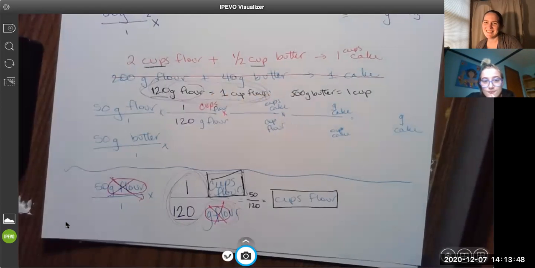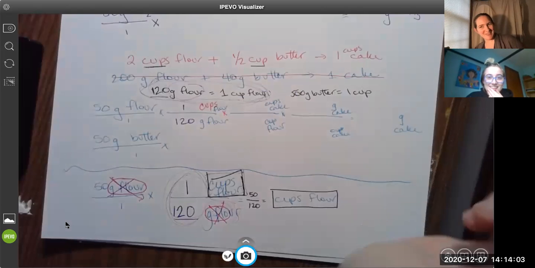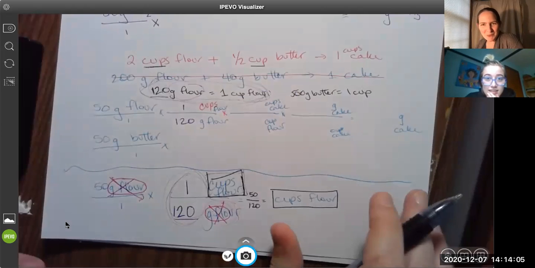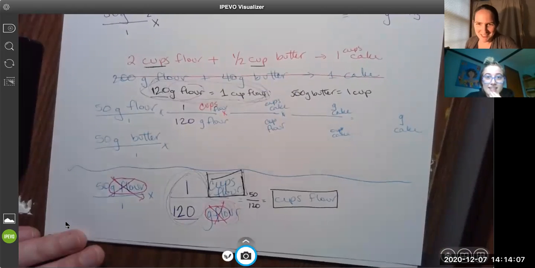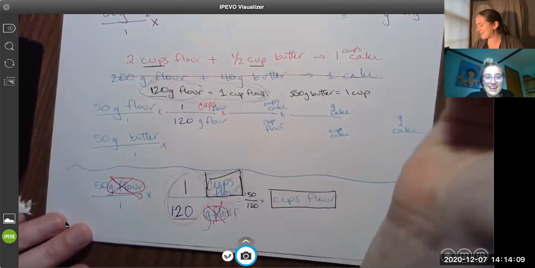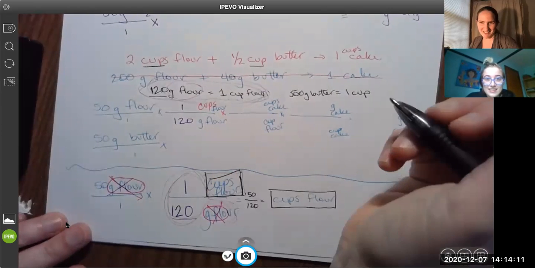And then do we know how many cups are in a cupcake? Like the conversion? Let's make one of those. Would you make this one? I mean, I just made up these numbers. How many grams are in a cup of cupcake?